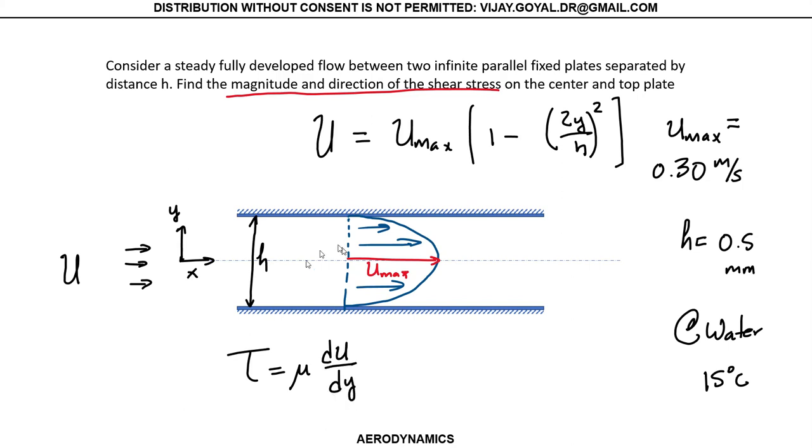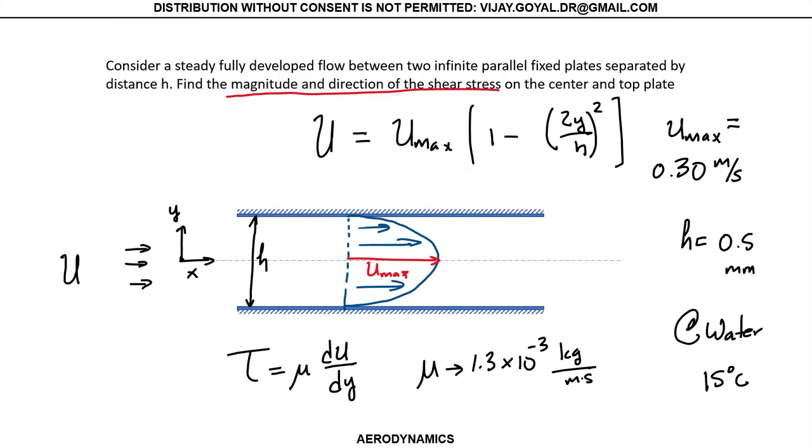So we just need to find mu for water at 15 degrees, and that is 1.3 times 10 to the minus 3 kilograms per meter second. Okay, so this is mu. So we just have to take the derivative of this and find what tau is in this problem.